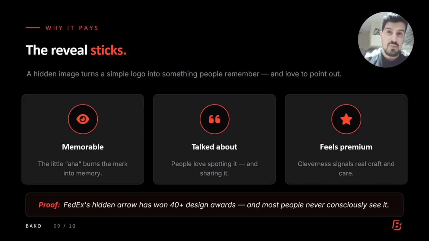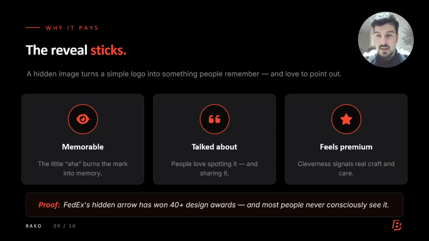If you care that much about your branding and how your business looks, then they're more likely to come in, because they know that transfers to everything else you do with your business, the products and the services you offer. So you're more likely to get those customers through the door, and that is really great for your business as well. So keep that in mind, okay?